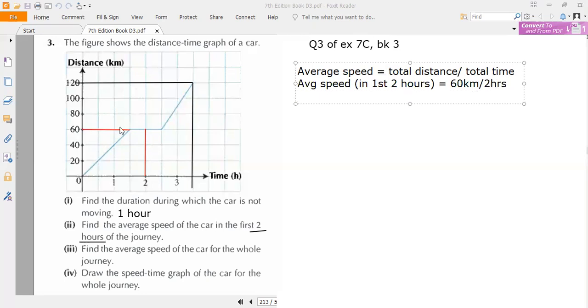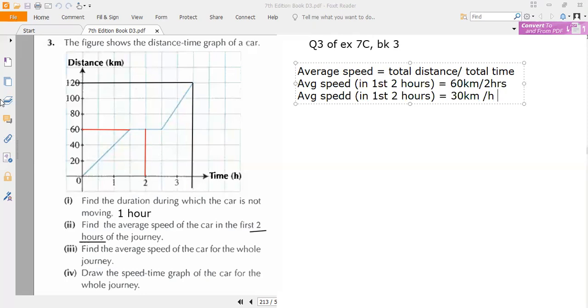When I simplify it, my average speed in the first 2 hours will be equal to 60 kilometers divided by 2 hours, which is 30 kilometers per hour.